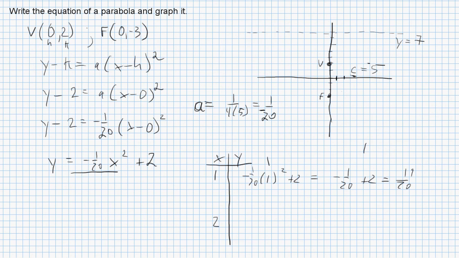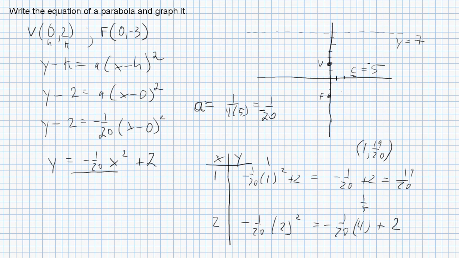So 1, comma, 19 over 20 has to be on our graph. That's one of the points. Now we put 2 in to get the second point. Negative 1/20 times 2 squared is equal to negative 1/20 times 4, plus 2. 4 over 20 is 1/5.